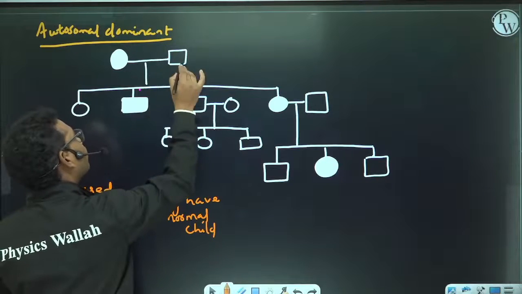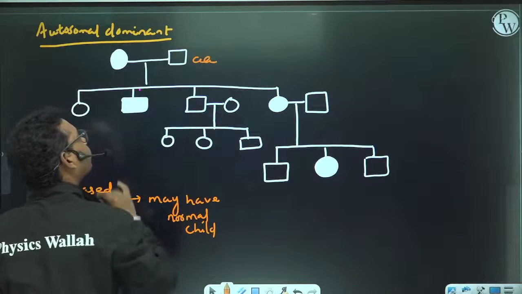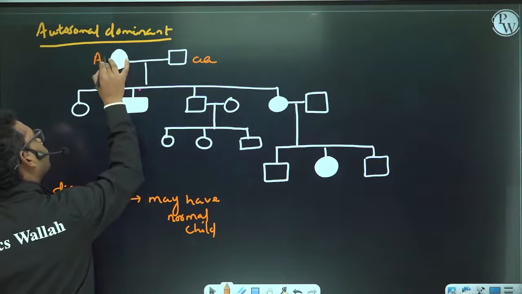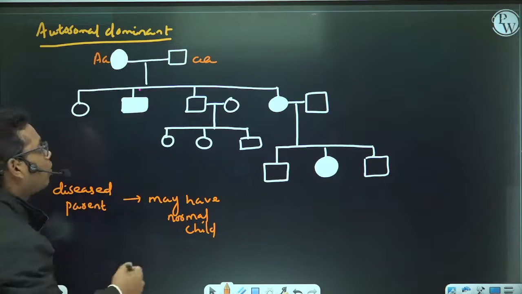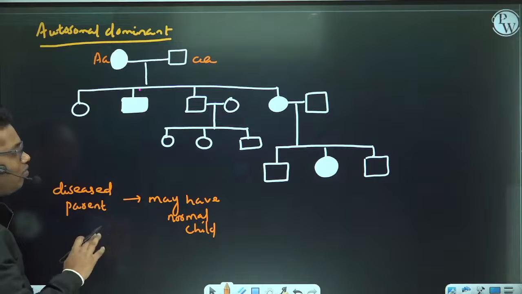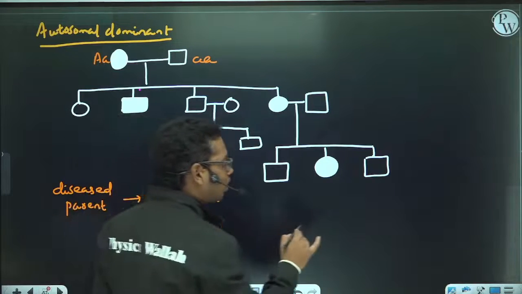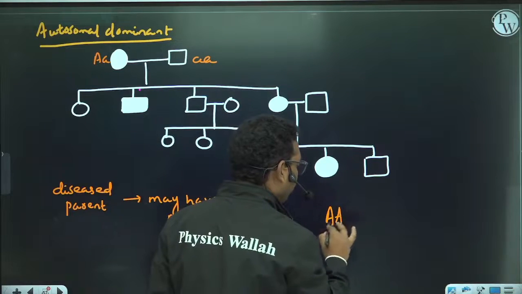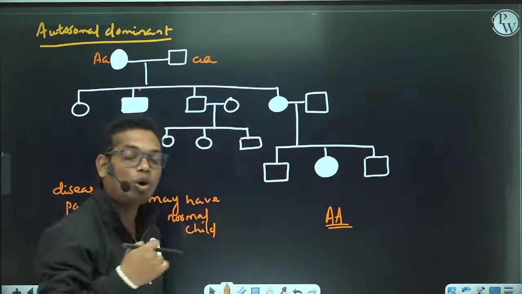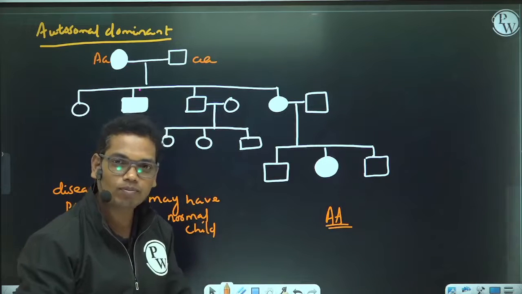Because it is autosomal dominant, I will write here capital A, small a. Why capital A, small a? Why not capital A, capital A? Because if the affected parent is homozygous, then all the progeny will be affected.